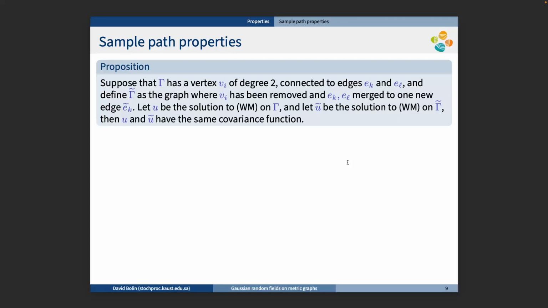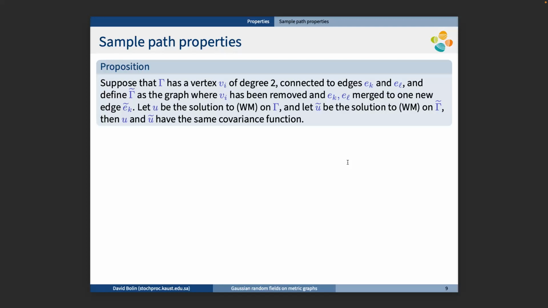So suppose that you have your river network and you add a vertex somewhere in the middle of a river, and you consider this equation on that extended graph where you have added that vertex. Then these two models will in fact have the same covariance function. And the same holds, of course, if you have a network that has some vertices of degree 2, then you can remove all of those and you will not change the model.